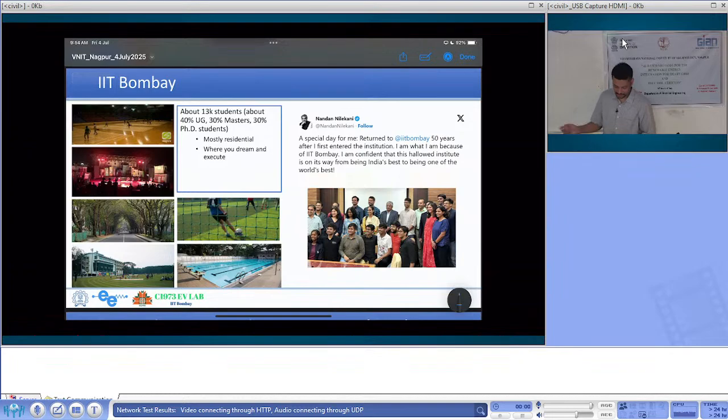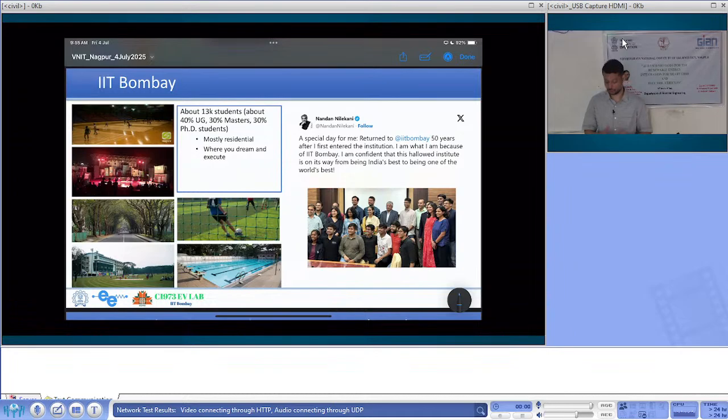Most of the colleges and universities in India are on-campus kind of universities, right? We have about 13,000 students total at IIT Bombay, out of which about 40% are undergrad. The majority, 60%, are postgraduates, which includes almost equal numbers of masters and PhD students. Most of them are residential, but faculty members and a lot of project staff stay outside.